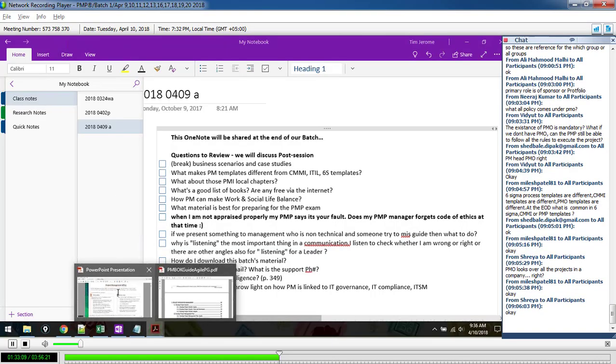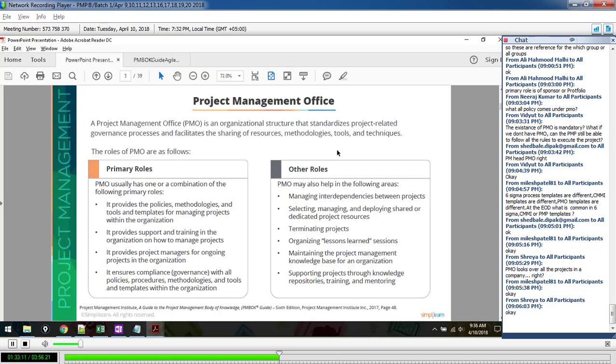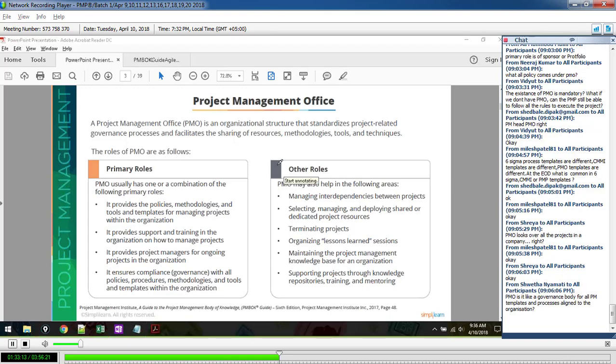But to do that, first of all, we have other roles. Shweta, that's part of it. A PMO can be a governance body for standardization and project management, but actually, let's look at these other roles and it'll expand that concept, okay?